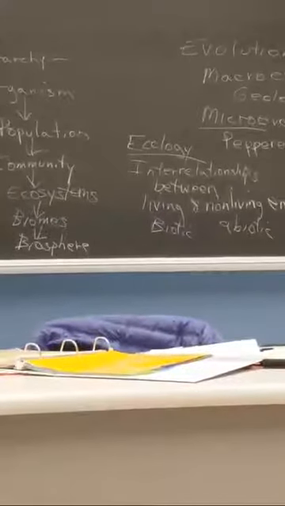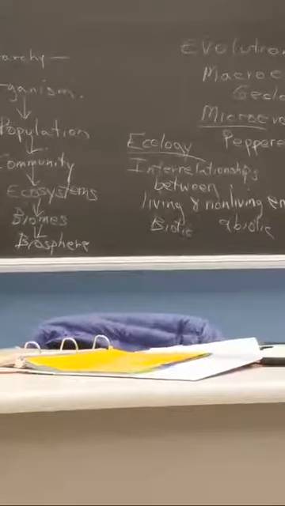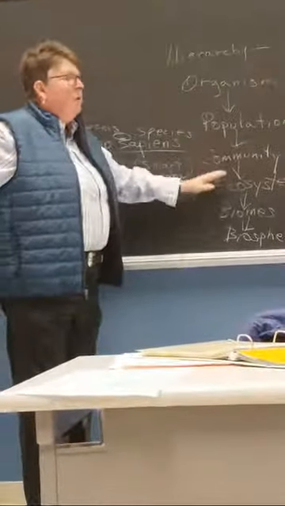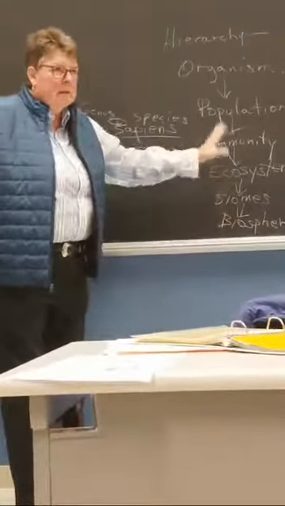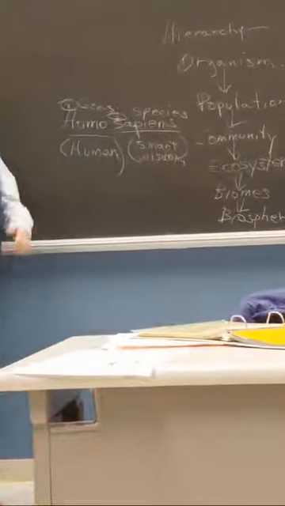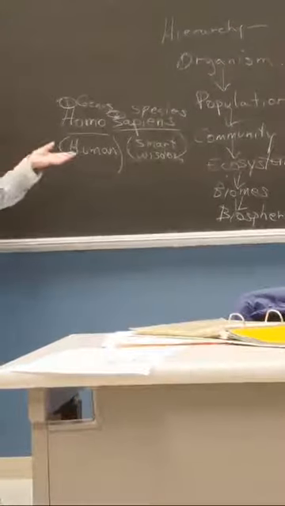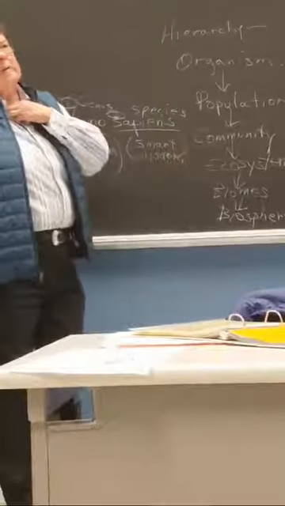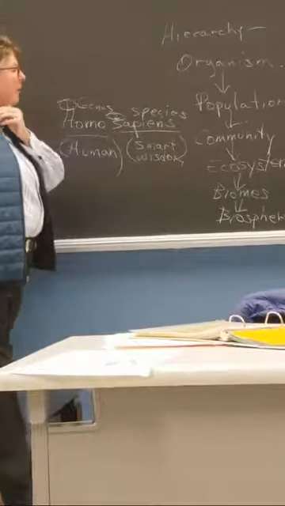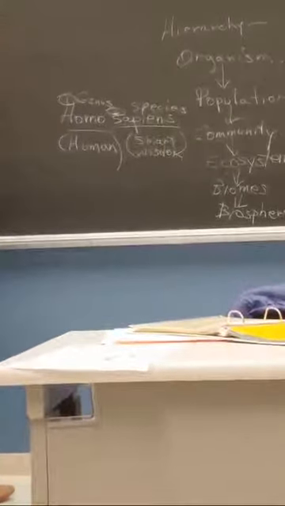So when we talk about evolution, we talk about ecology, we need to be sure we know these levels, because this is what I want to say before I go any further with the presentation of C22.